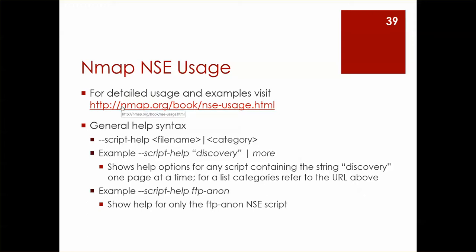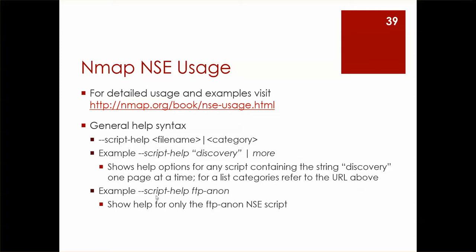If you want to get a detailed usage of the Nmap Script Engine, you can certainly go to this URL. The basic syntax for a script is --script, dash help, then the file name, and we can pipe in the category. So here's an example. Script help, we put in quotes discovery, and then we do more to basically get one screen at a time.